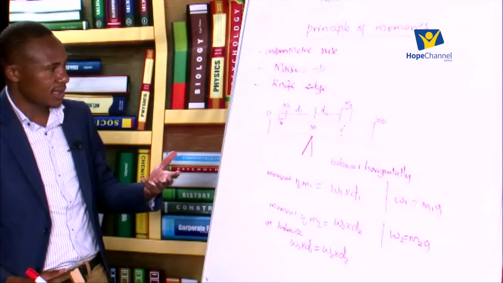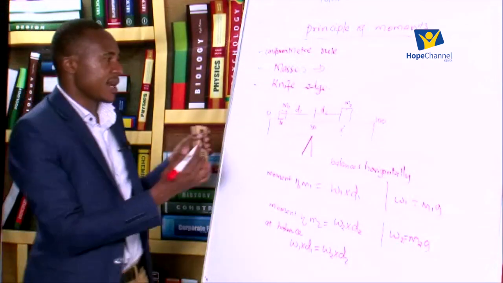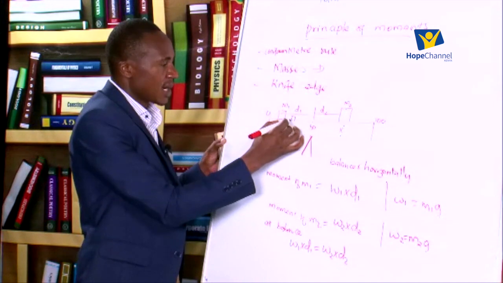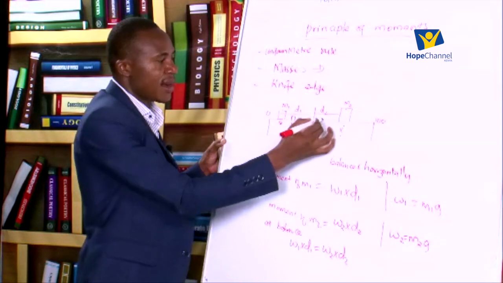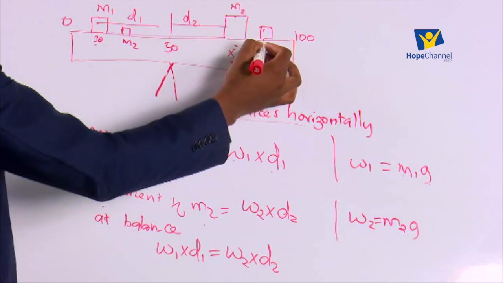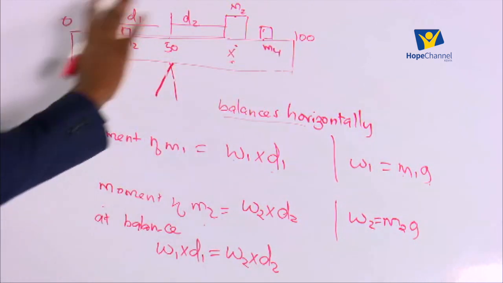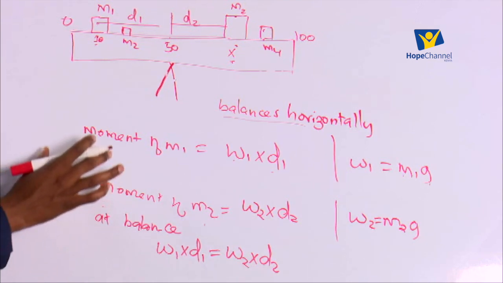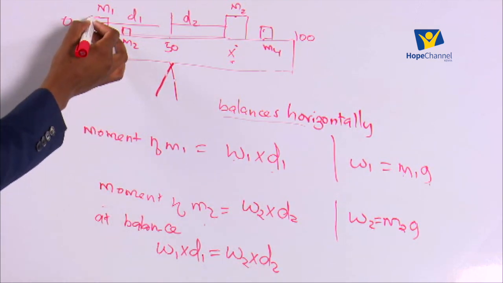We can as well do the same by increasing the number of masses. We can choose to have another mass somewhere there, call it mass 3, and another one somewhere here, mass 4. Later we are going to get to that, but for now let's use this expression where the meter rule is under the action of two masses.